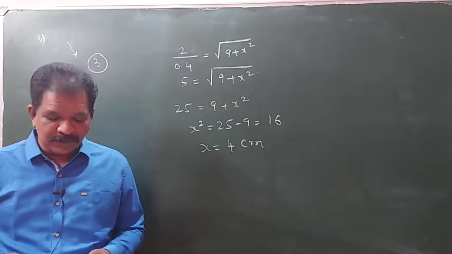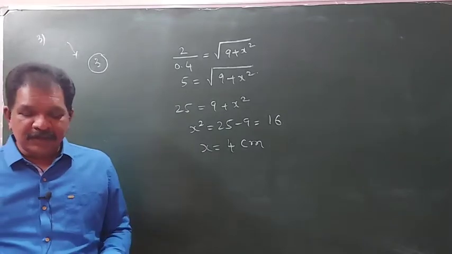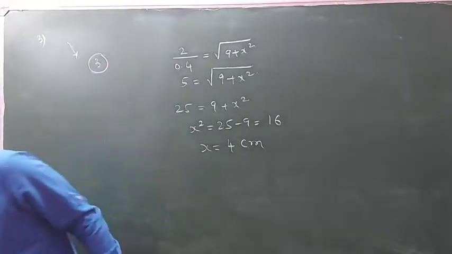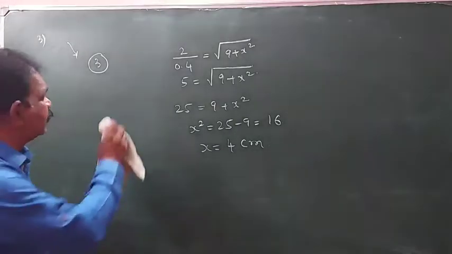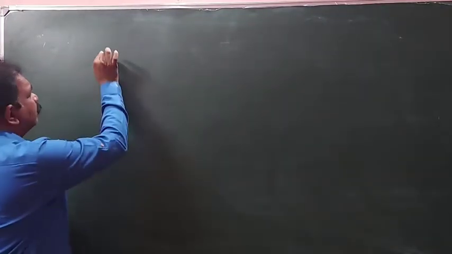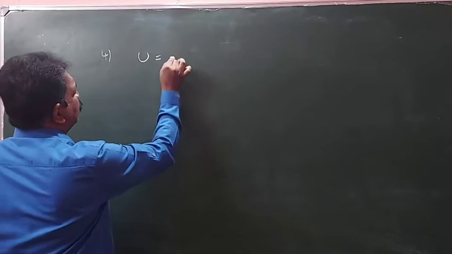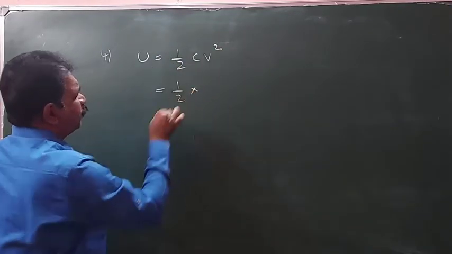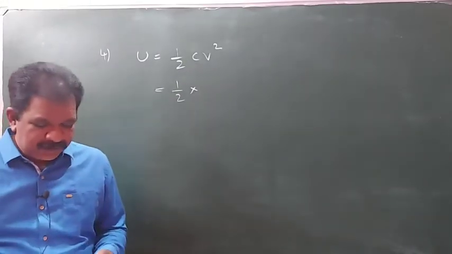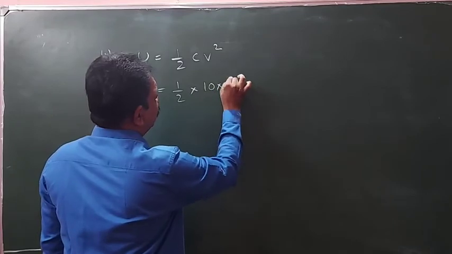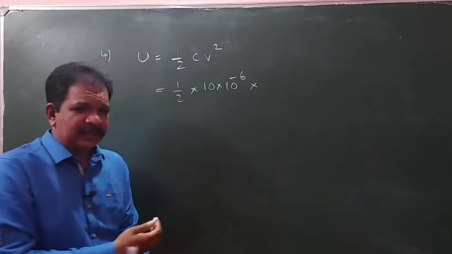Next, fourth one, you see, capacitor capacity is given, potential is given, energy is how much they are asking. Okay, so fourth one, U is equal to half CV square, 1 by 2. C value will be 10 microfarad, 10 into 10 power minus 6.